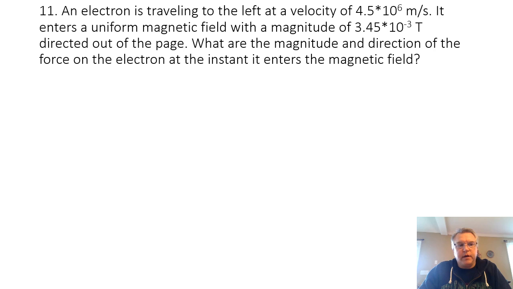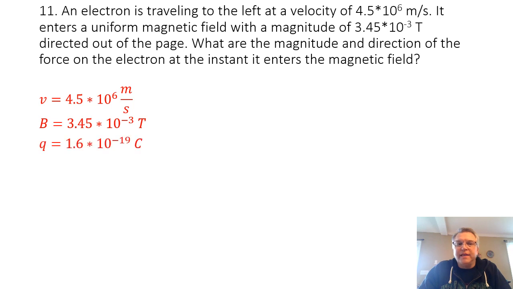I am given the velocity of the electron, 4.5 times 10 to the 6th meters per second. I am given the magnitude of the magnetic field at 3.45 times 10 to the minus third Tesla. Because I know that I'm working with an electron, I know that the charge of the electron is 1.6 times 10 to the minus 19th coulombs.